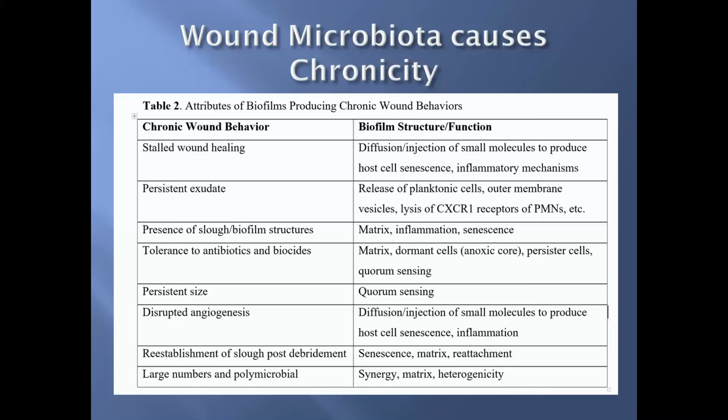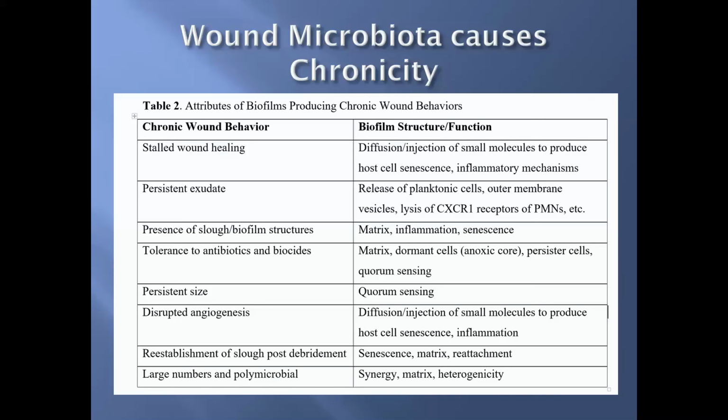There's diffusion of small molecules like we showed before that take over the cytoskeleton, that take over apoptotic pathways, that take over multiple other things that do not let the host cells do their normal activity to participate in healing. Fibroblasts can't become myofibroblasts and cause wound contraction.